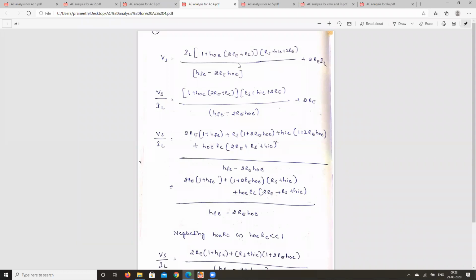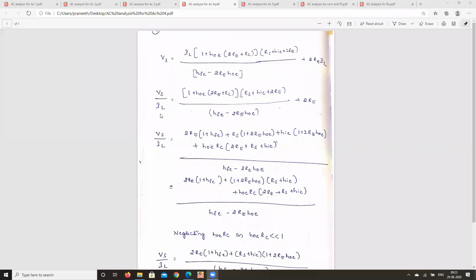Now what I have done in this next step, just note it down. After substituting, we have IL terms in both the terms, so just take the IL term common and bring this IL term to this side.